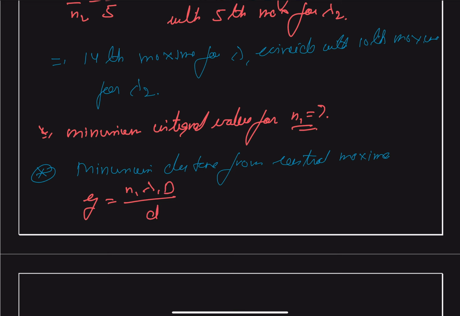We know all the values. n1 is 7, lambda 1 is 500 into 10 to the power minus 9, and we are already given the ratio D upon small d, that is 10 raised to the power 3. And this gives us that y will be equal to 3.5 millimeter.